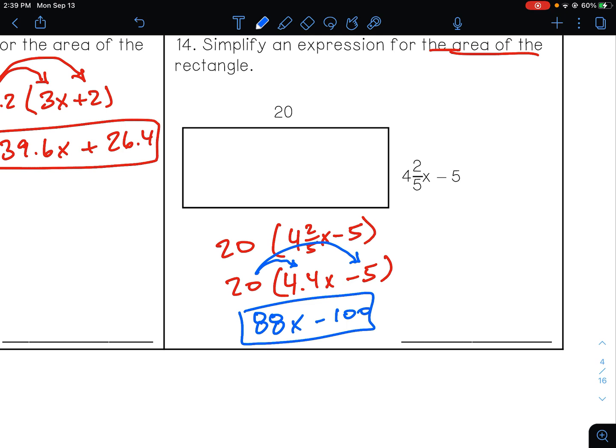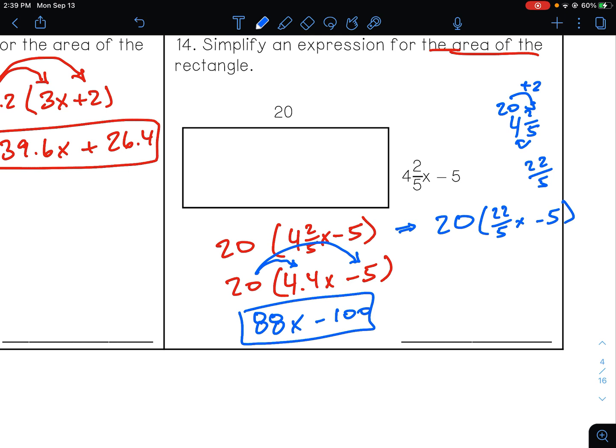Now, some of you may be thinking, okay, how do I do it with the fraction? Let's try it with the fraction then. So 20 times 4 2/5, if we want to convert it, is 5 times 4, which is 20, plus 2, which is 22 over 5. So 20 times 22 over 5, x minus 5.